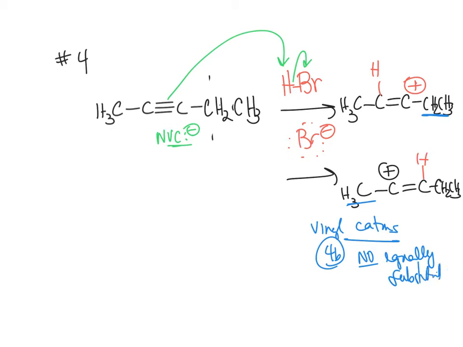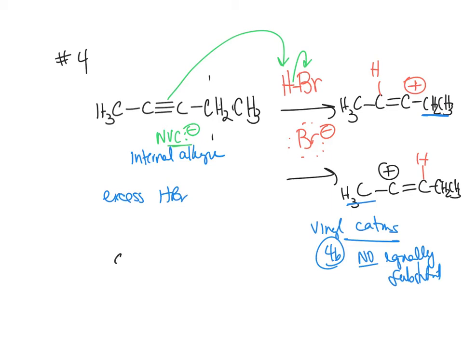Okay, so notice that the difference here, this is an internal alkyne. Draw the two geminal dibromides expected of the reaction of 2-pentyne with excess HBr.